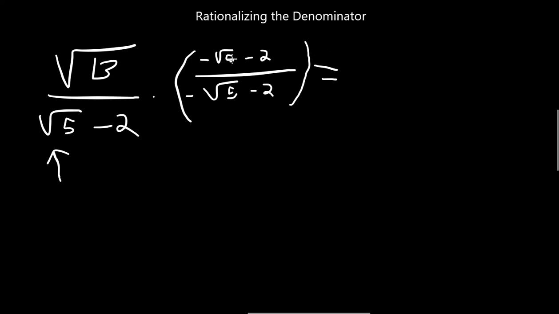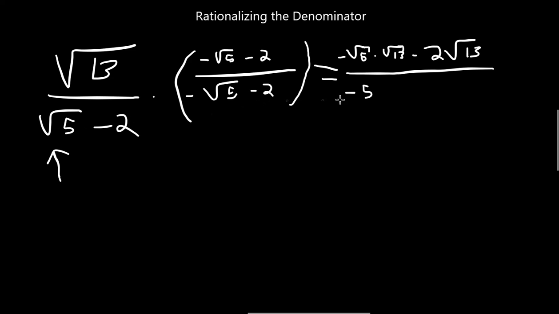We're going to have negative square root 5 times square root 13, and then it's going to be minus 2 times square root 13, and on the bottom, negative square root 5 times square root 5 is negative 5, square root 5 minus 2 is minus 2 square root 5, negative 2 times negative square root 5 is plus 2 square root 5, and then minus 2 times minus 2 is plus 4.